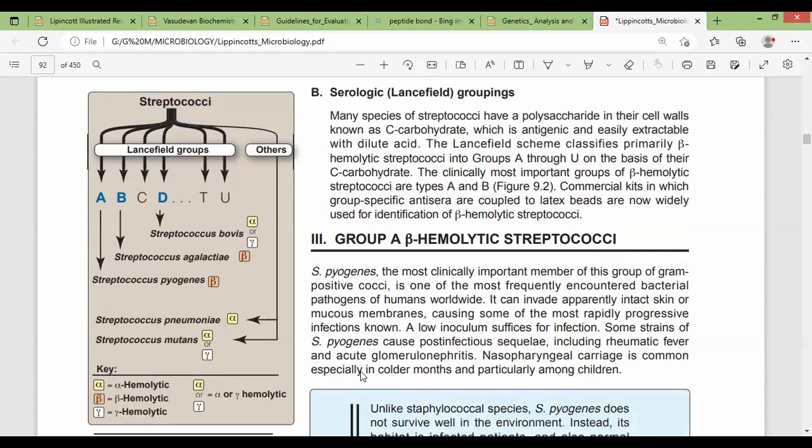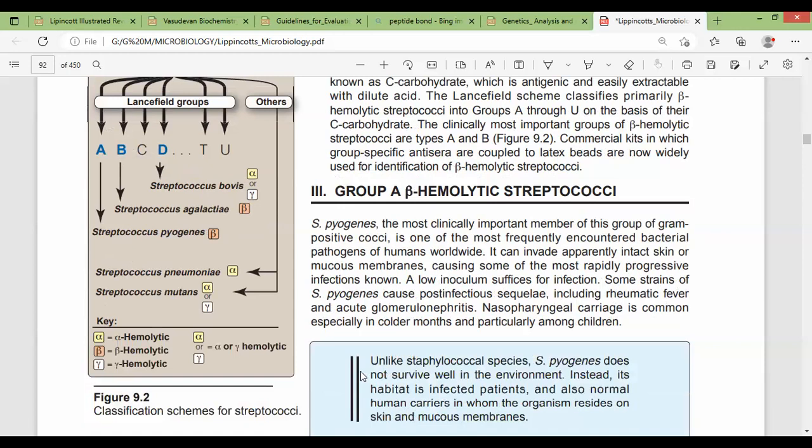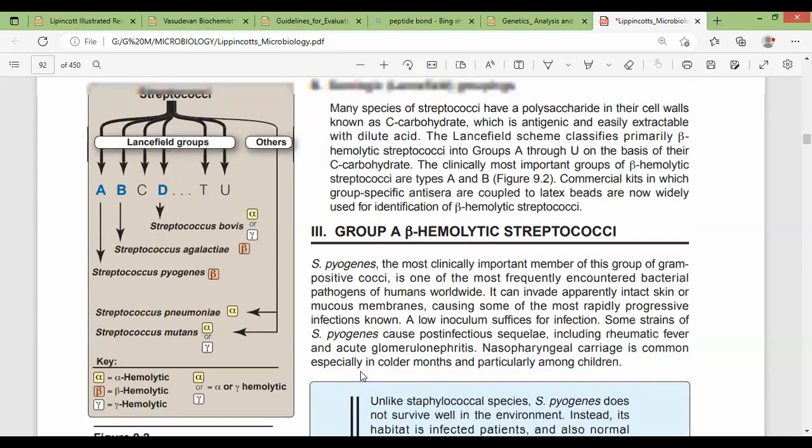So let's start with group A. Number one, group A is a beta hemolytic streptococci. Beta hemolytic meaning there is complete hemolysis, complete lysis of RBCs, right?